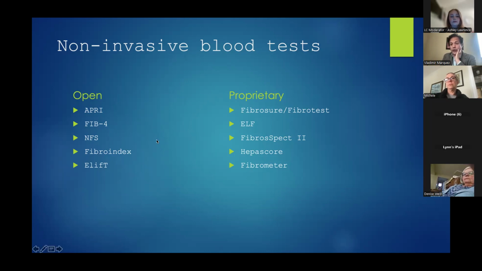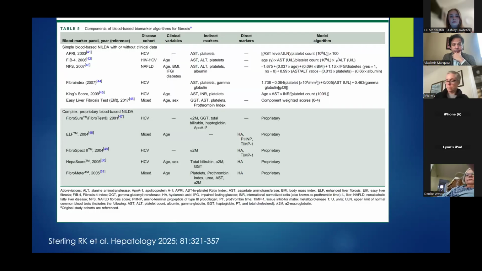Most of the time we use things that are fairly simple. These scores are calculated with results that are easily available on the blood test that we check, and there are a lot of online calculators that help us to assess this. Now, this table is a little bit crowded, but I don't want to give a lot of details of this.